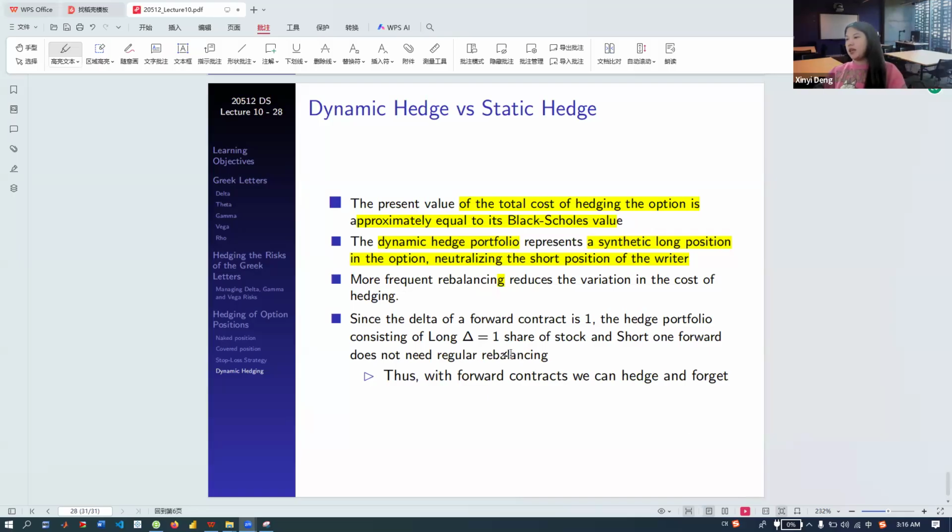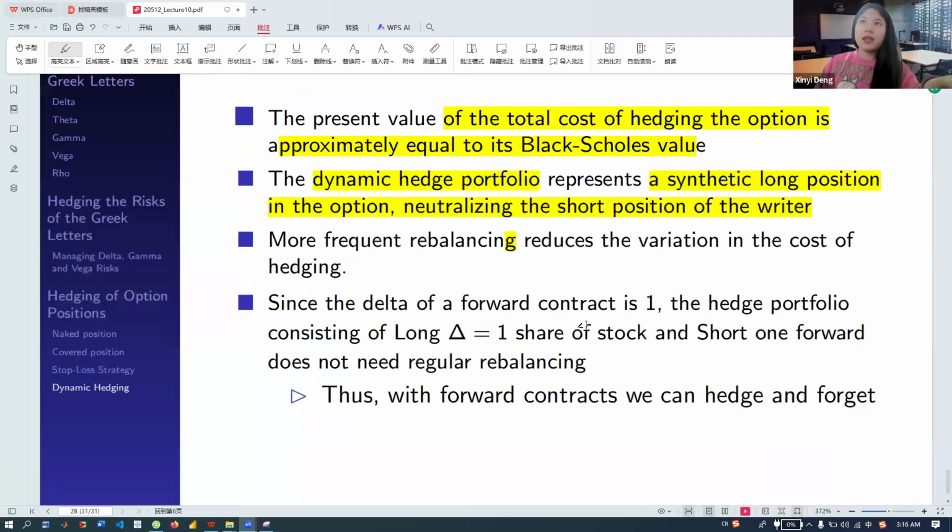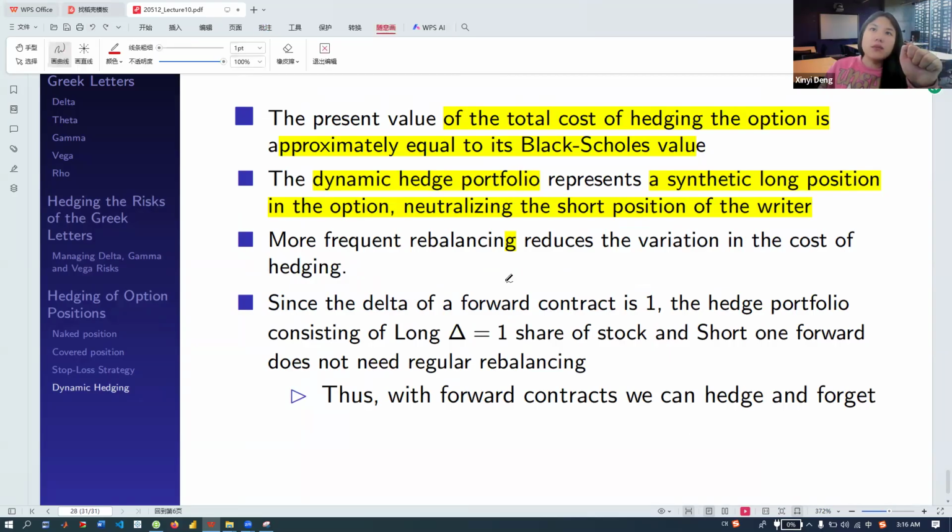Also one more thing here. I only have one more thing to discuss. Remember that for a forward contract on an underlying paying continuous dividend yield, the delta is e to the power of minus qt.